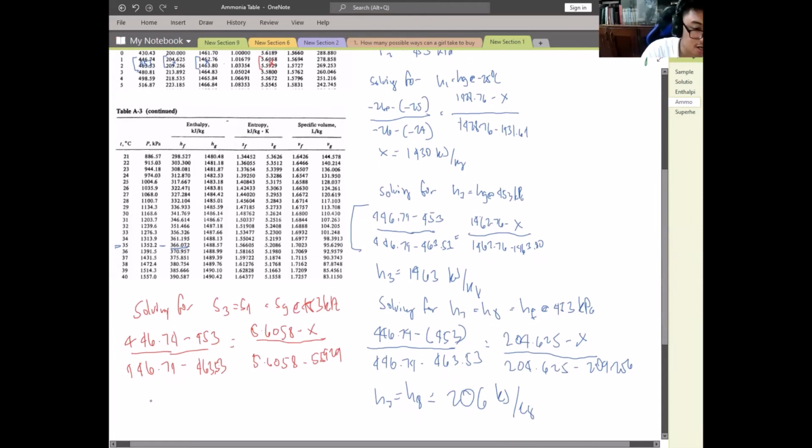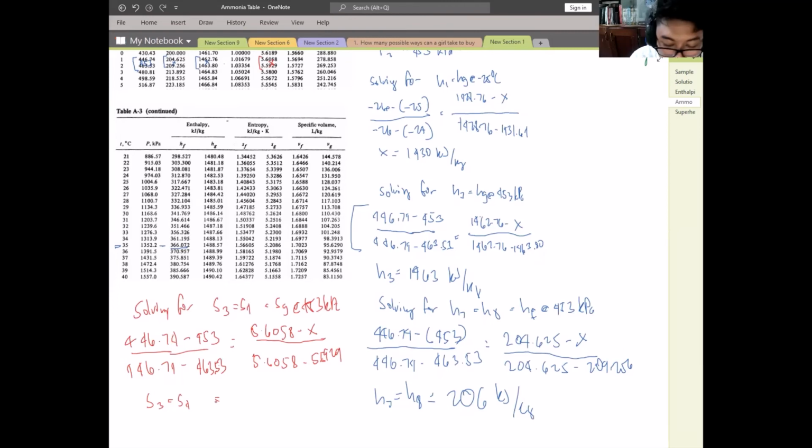So our X or ang ating S3 is equals to S4 will be, type ko lang sa calcu ko, no? Medyo madali lang tayo nag-counting.